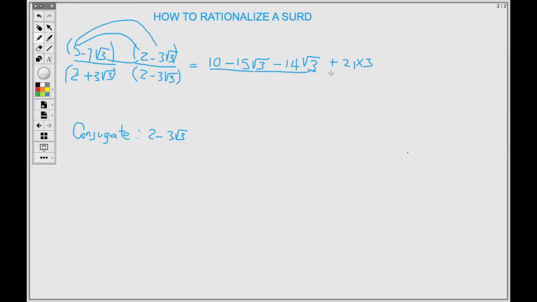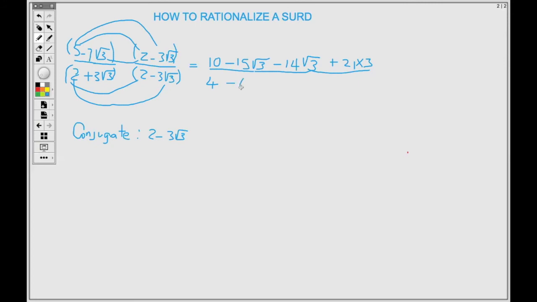In the denominator, at all times here, we're going to have a cancellation. So expanding 2 times 2, we have 4. Then we multiply 2 times negative 3 root 3, 2 times negative 3 gives us minus 6.